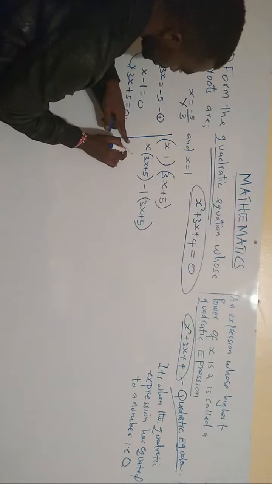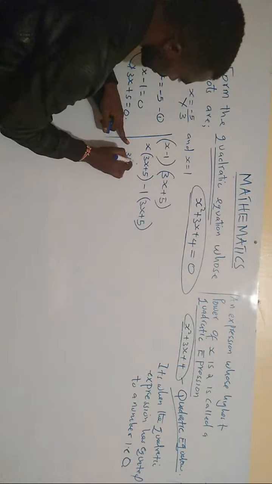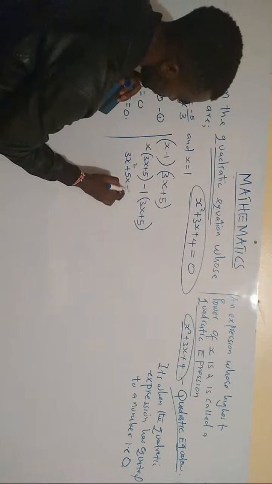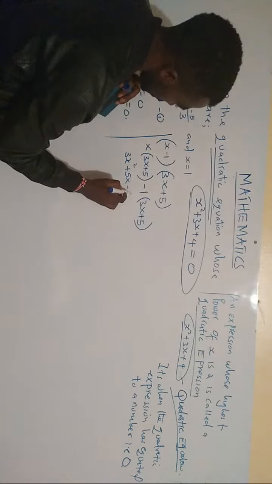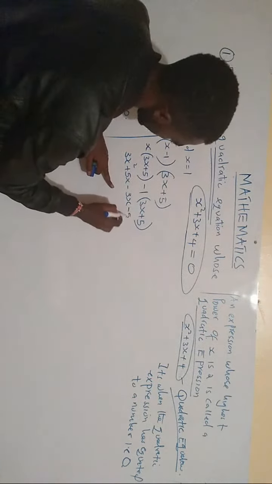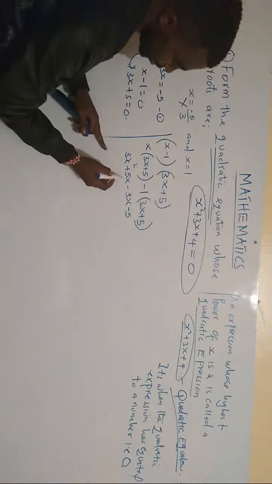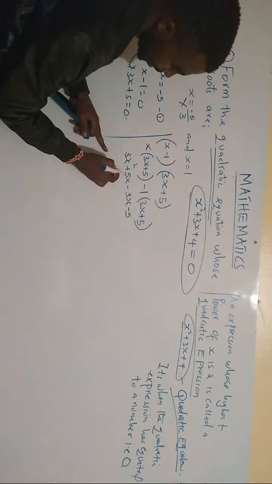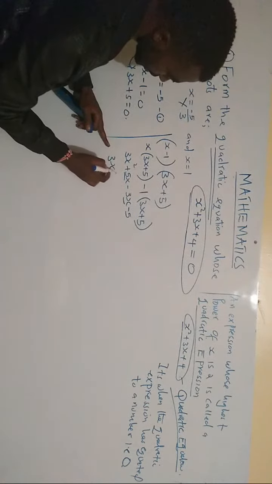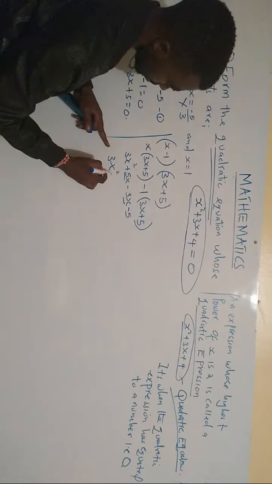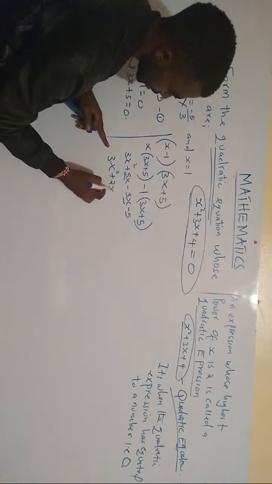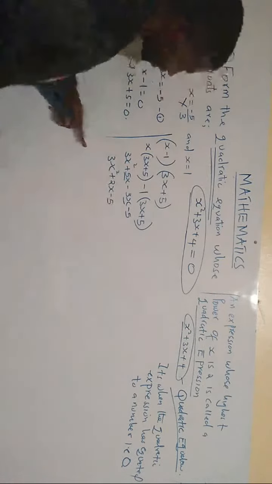Open the brackets, this will be 3x squared plus 5x minus 3x minus 5. Collecting like terms, we have 3x squared, 5x minus 3x, that's plus 2x, minus 5.